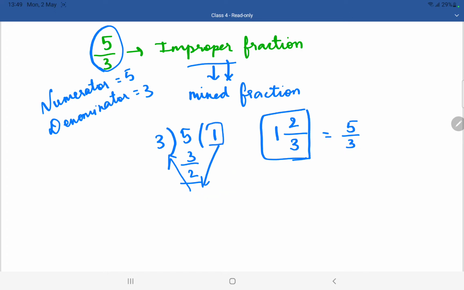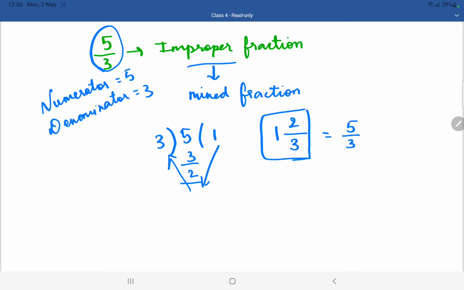The quotient which you get after the division will be the whole number in the mixed fraction. The remainder that you get will become the numerator. The divisor which you have will become the denominator. Students, one thing that you need to remember here is both the denominators of the improper fraction and the mixed fraction will be the same.